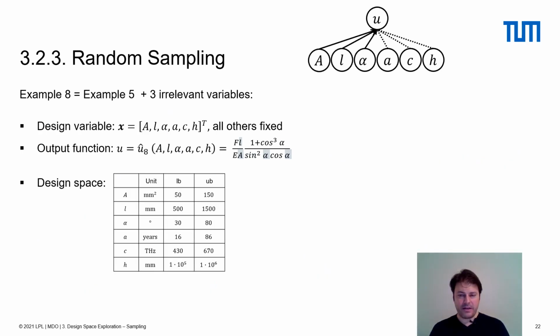Now let's look at an even larger, higher dimensional input space, with 3 relevant design variables and 3 irrelevant design variables. So we have a 6-dimensional input space. And if you did not know which of these variables were relevant and which not, because it's a black box function, it'd be difficult to assess that.